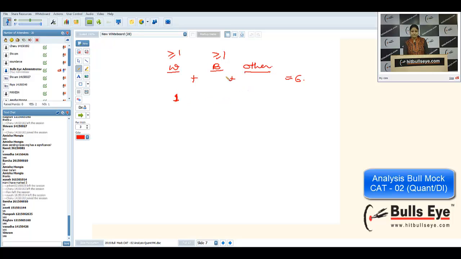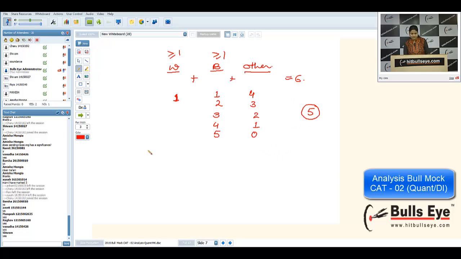So we are left with 5 other colors. Now since blue should be at least 1, I'm considering all possible cases. 1, 4, 2, 3. I'll consider 3, 2, 4, 1, 5, 0 as well. Because blue should be at least 1, other can be anything. It can be 0 as well. So how many cases are possible from this?